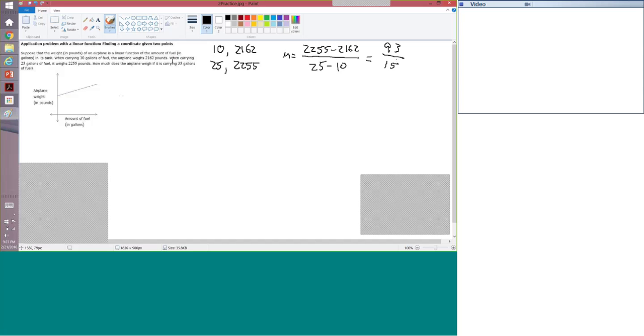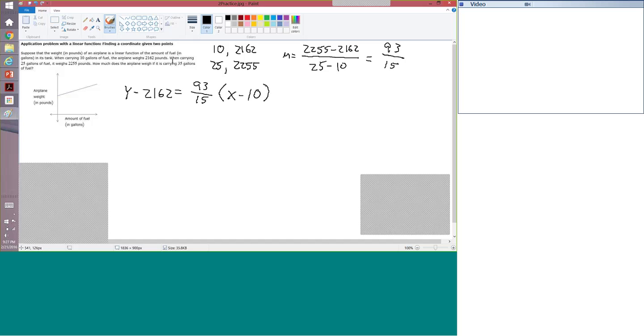So now we can use that point slope formula again, where we have y minus our y1, I'm going to say 2162, is equal to our slope, m, times x minus x1, which would be 10, that goes with that 2162.